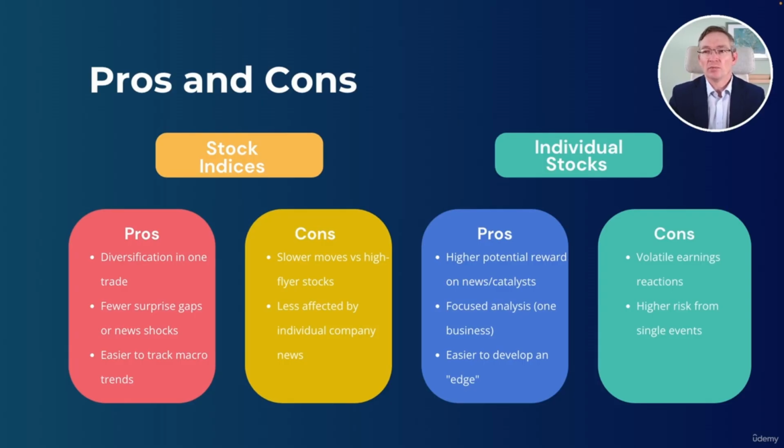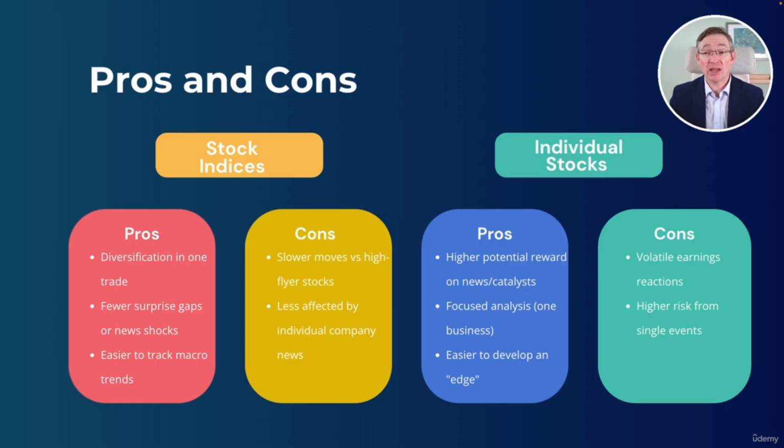So first of all, the advantages of trading a stock index. First off, they offer built-in diversification. With one position, you're getting exposure to hundreds of companies. Also, they tend to have fewer shocks, right? Because one company's bad news is diluted out amongst all the others.